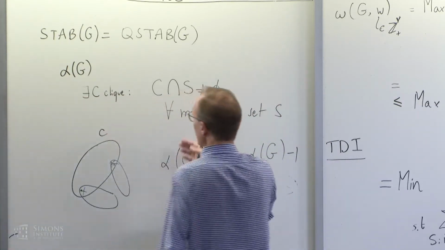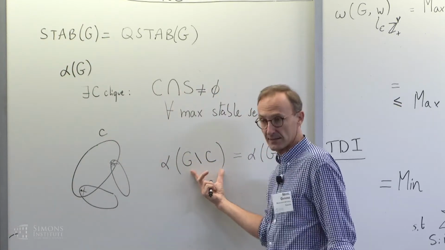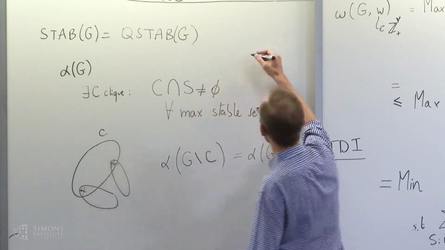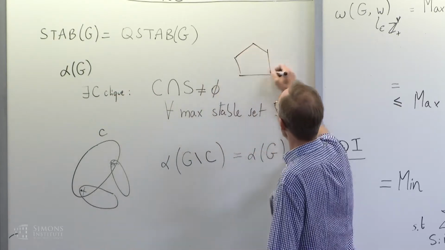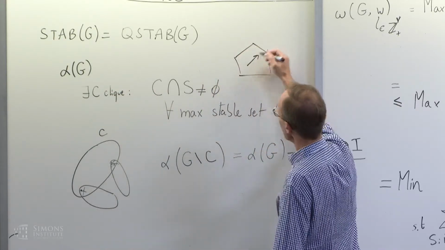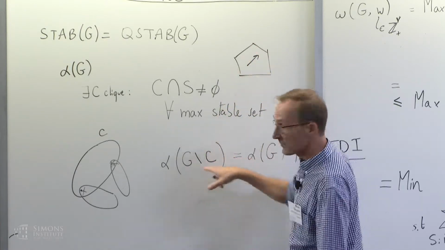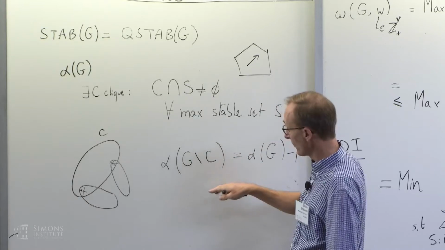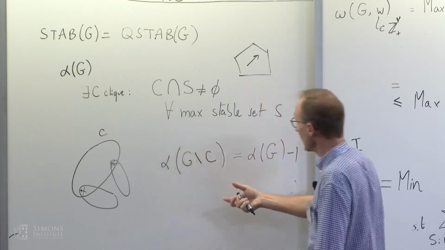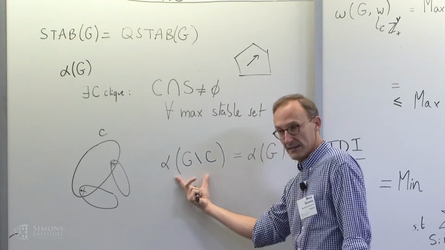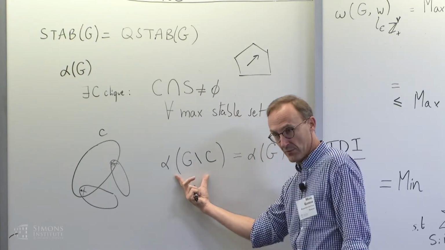You can continue. You can go to this induced subgraph, and in that induced subgraph, instead of having the all-ones vector, you put some of the w_i's to be 0. So you can continue and get another clique, and again decrease the stability number by 1.